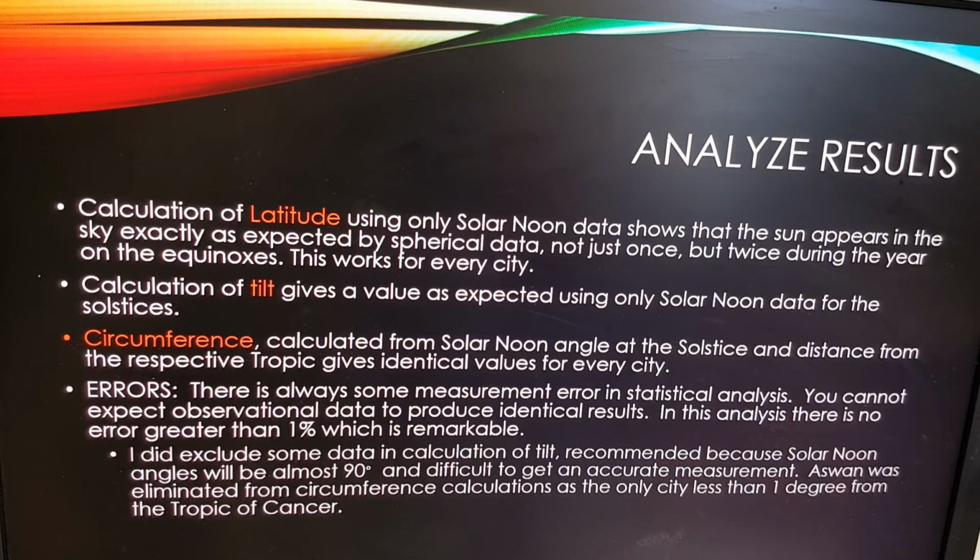And then from Eratosthenes, the city of Aswan was eliminated because the angular distance of the sun from vertical is less than 1 degree. It was like 0.2 degrees, and you just can't calculate with that small of a number.